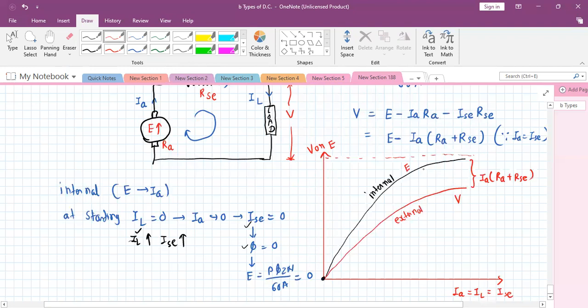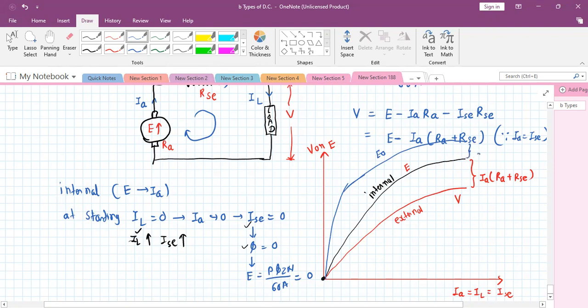So say for example, my E0 is there. It is also starting from the origin. E0 means OCC. So say for example, this is a graph of E0.